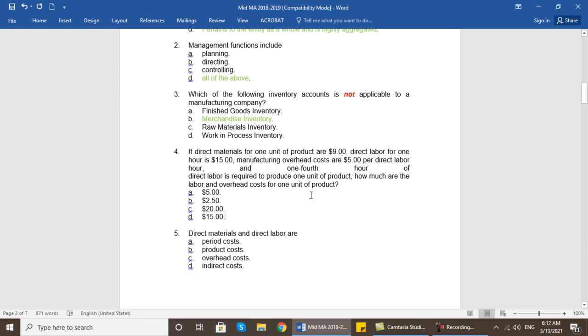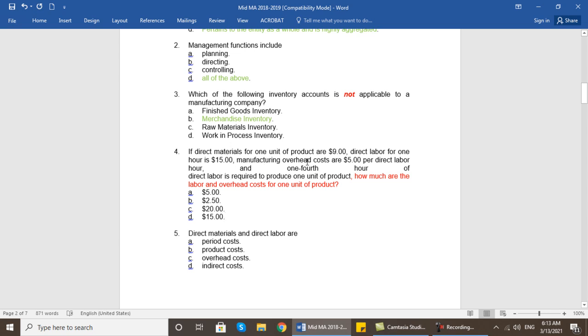Now he asked the question, how much are the labor and overhead cost for 1 unit of a product? Direct labor for 1 hour is $15.